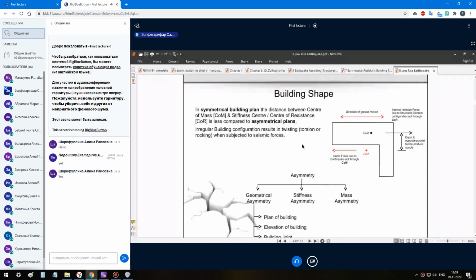For earthquake resistant design, we talked about symmetrical plan buildings: plan, mass, and geometry of the plan, elevations of buildings, and building joints. We talked about this before.